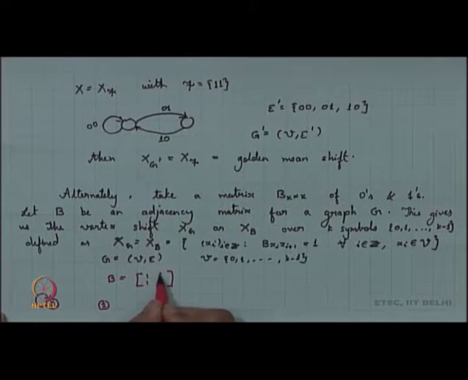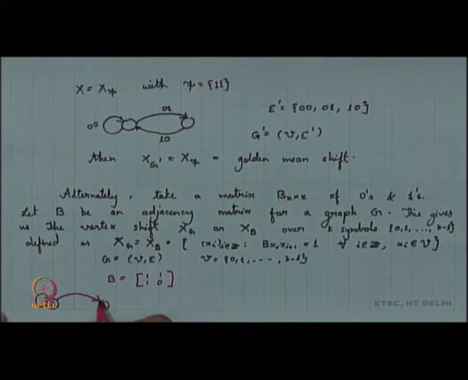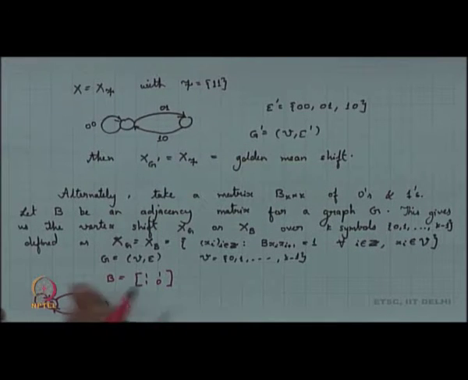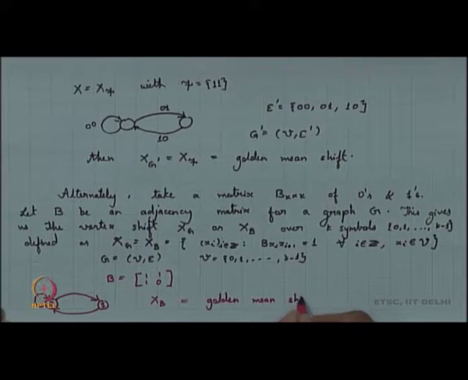Between 0 and 1 also there is an edge, and between 1 and 0 there is again an edge, but there is no edge from 1 to itself because this entry is 0. Hence we get here our X_B, and this is basically the golden mean shift. So we get the golden mean shift looking at it as a vertex shift.